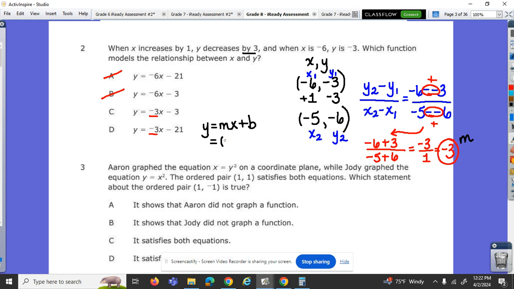So negative 3. Okay, I'm going to go for this point. So my x was negative 6. And my y was negative 3. Okay, negative 3 times negative 6 is positive 18.